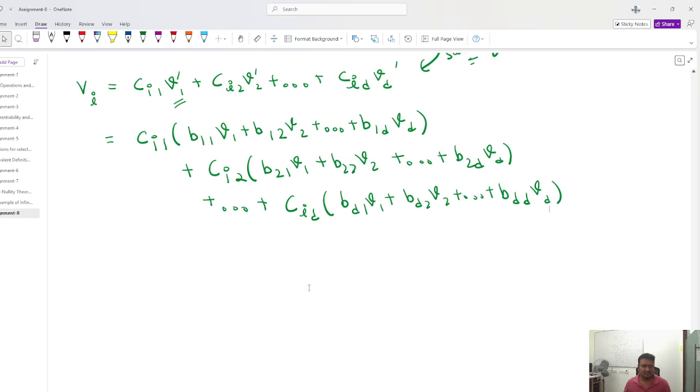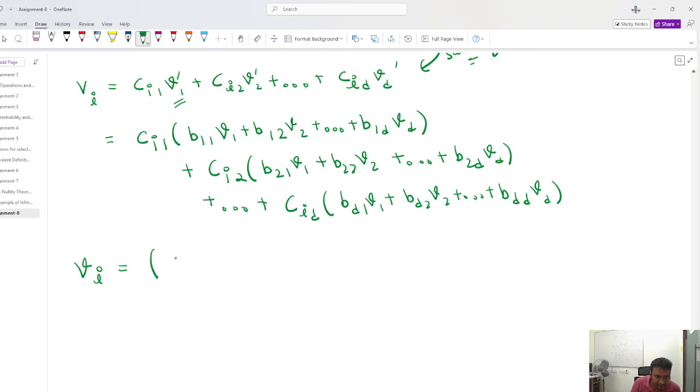Very nice. What we will do? We will collect terms of V1, terms of V2, and so on like that. So what will be the coefficient of V1? Let us see.